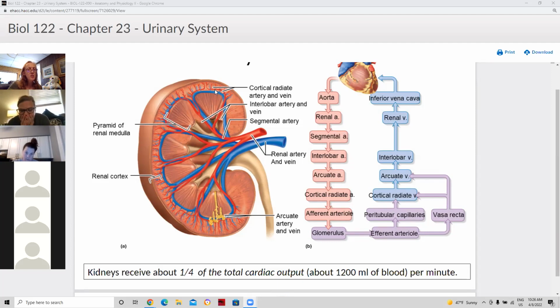The interlobular or cortical radiate arteries are going to become the afferent arterioles, which are going to drain into the glomerulus.